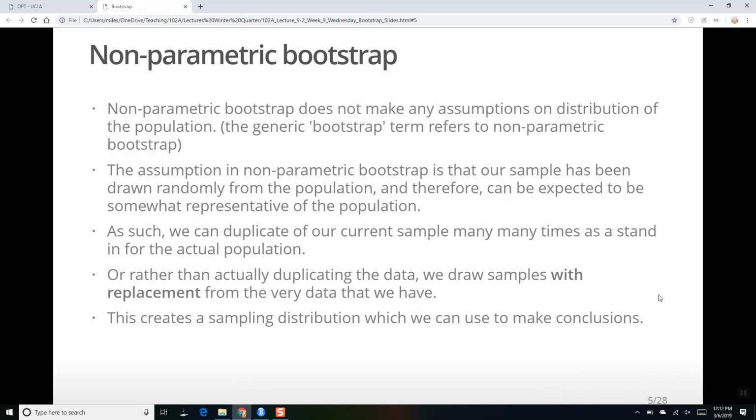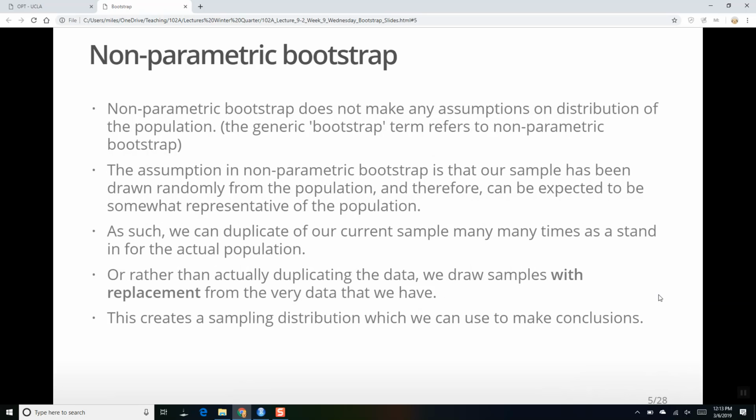I'm not even going to assume that the population is normal. I'm not going to assume that the population is exponential or Poisson or whatever it is. We're just going to assume that I've got a sample that was obtained randomly from the population. That's going to be your big assumption, that your sample was obtained randomly. And we hope that's true because everything relies on this random thing.